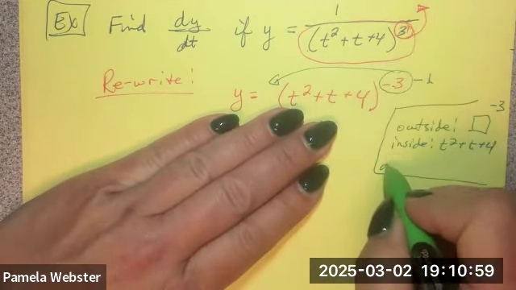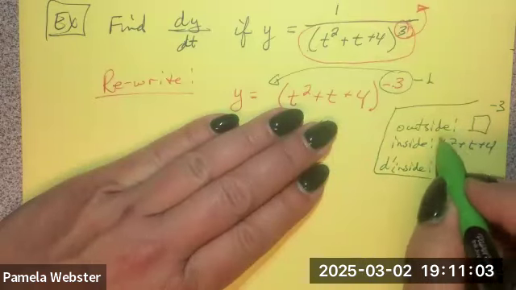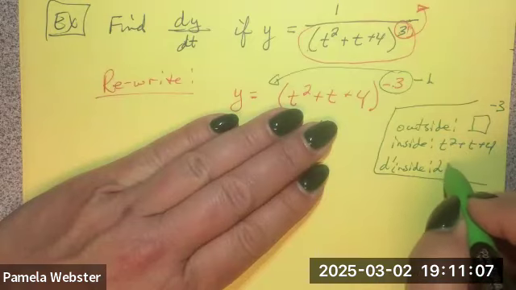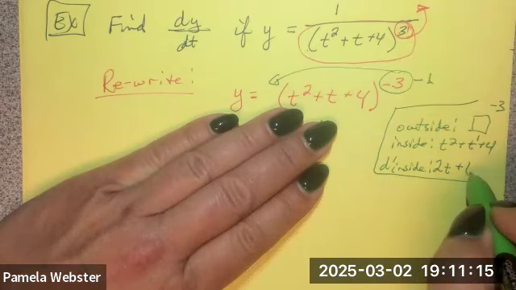Well, here was my inside function. The derivative of the inside function is just what? Well, that's a polynomial. So this is 2t. 2 minus 1 is 1. I don't care about that guy. Plus, this has a 1 up here. 1t to the 0. t to the 0 is a 1. 1 times 1 is 1.